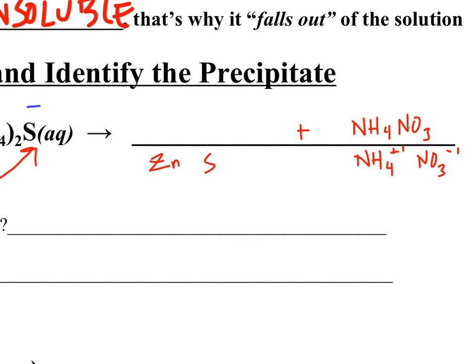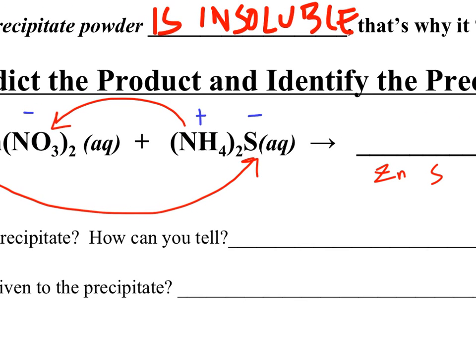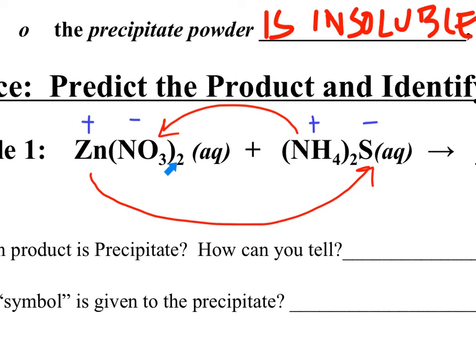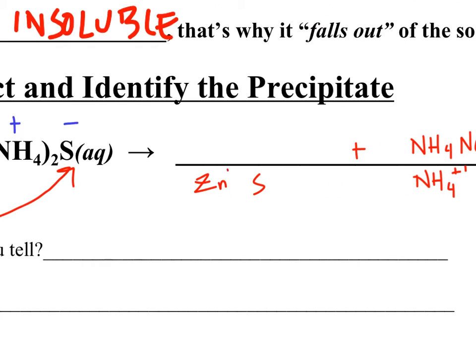Zinc has a +2 charge, because in my original compound the subscript 2 came from a +2. Sulfur has a -2 charge, since it's in group 16. When I cross these charges, I get Zn2S2, or simply ZnS. So we used our crisscross method.